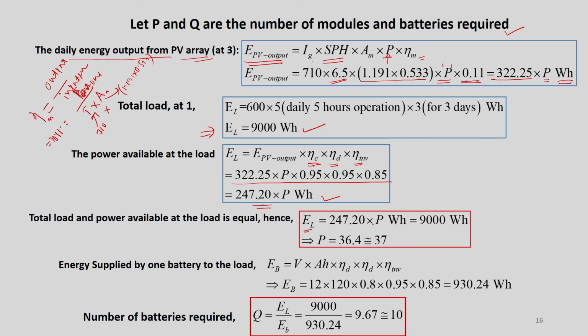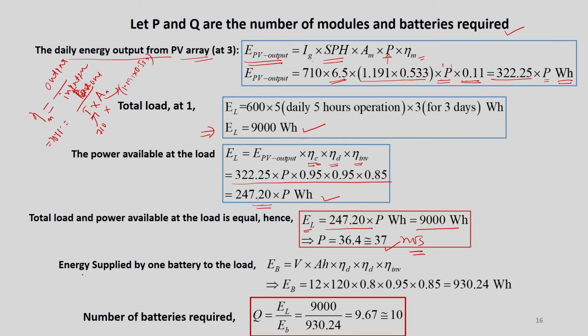So, EL is equal to this, okay. So, from that if we do the simple calculation, then P is found to be about 37, okay. So, the number of modules required to provide the energy to the load is about 37 numbers, okay.